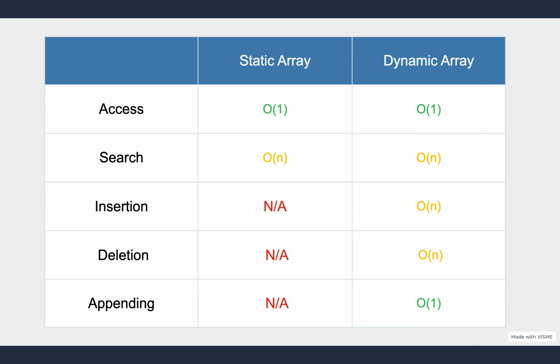This diagram shows the operations performed on the static and the dynamic array, and it shows the time complexity for each operation: access, search, insertion, deletion, and appending.